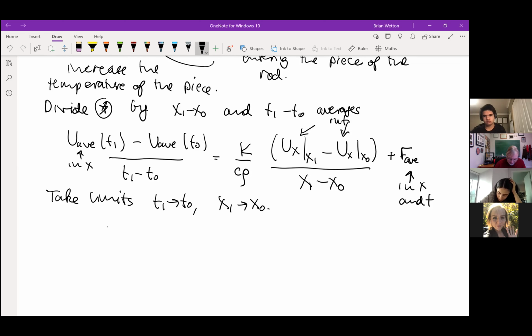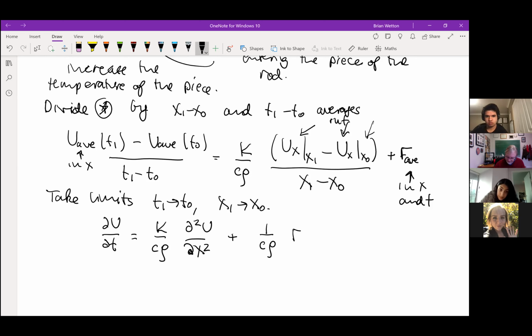So I'm going to have du dt over here. I'm going to have a k over c rho d2u dx squared. I'm taking the derivative of a derivative, so I'll get the second derivative. And I'll get 1 over c rho times f of x and t.